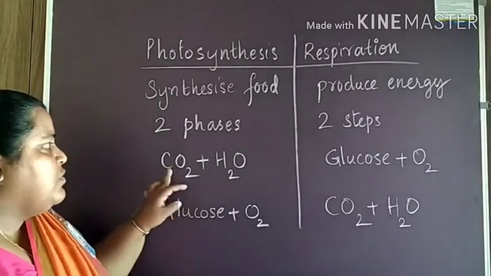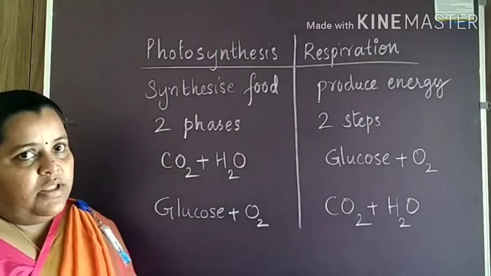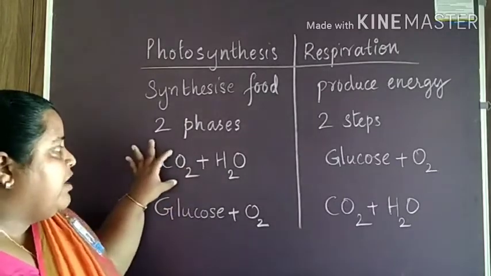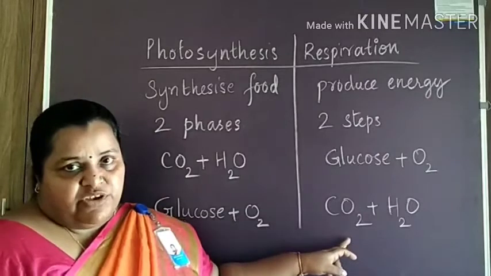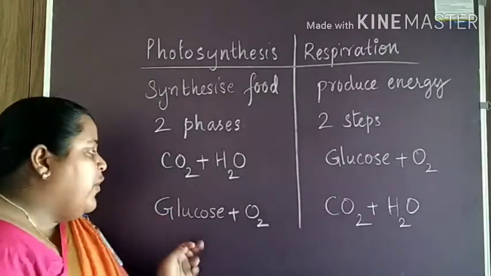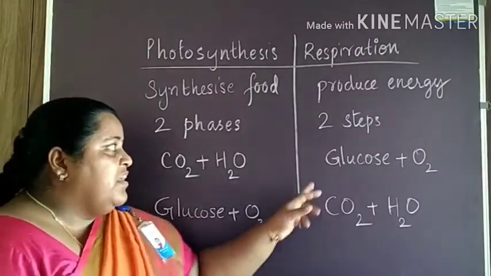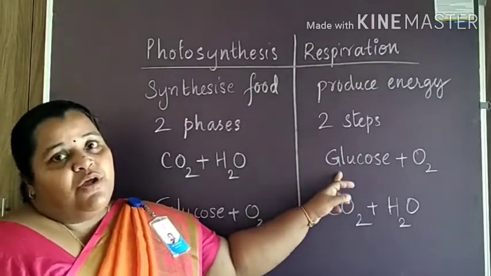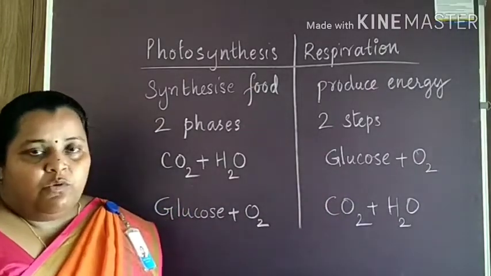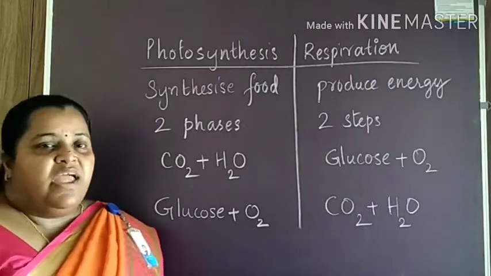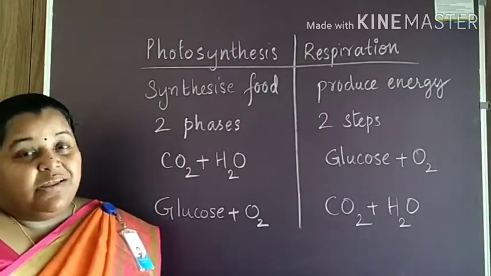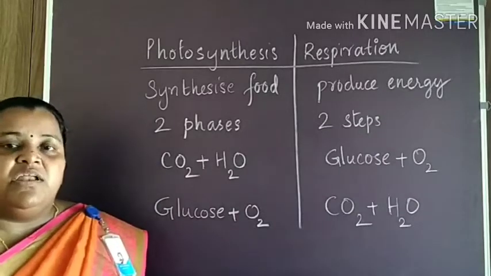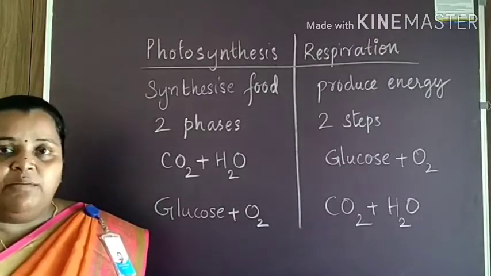Look at the last two columns given here. The substrates required for photosynthesis are the byproducts of respiration. The byproducts of photosynthesis are the substrates needed for respiration. So, photosynthesis and respiration play an important role in maintaining the level of oxygen and carbon dioxide in the atmosphere.